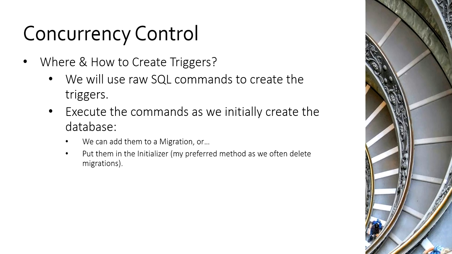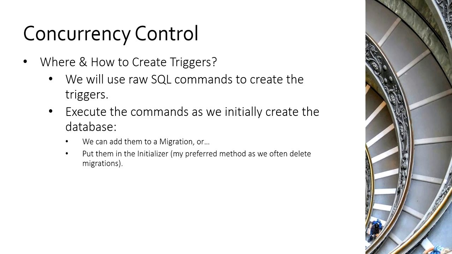Now, I have a link in my copy paste file to one of the very good tutorials out there on implementing concurrency control, where it shows adding the code in an actual migration, right? But an alternate place you could do it, and the one I encourage you to probably put into practice, is right in your initializer. I prefer that method because, as we've seen, we often end up deleting our migrations.